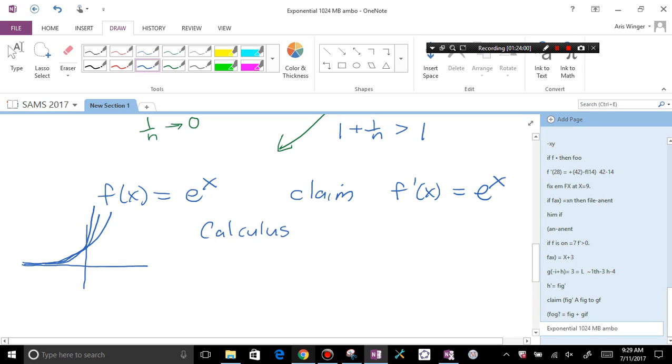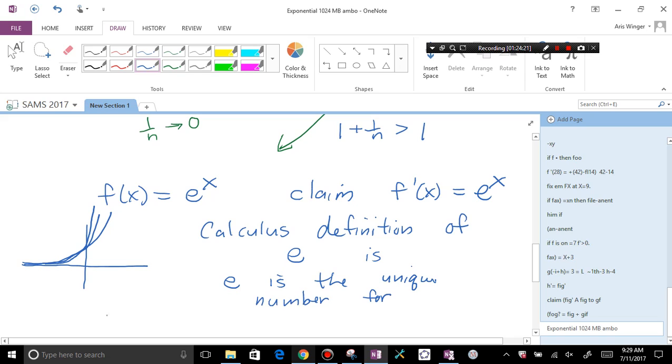Okay? And so that motivates a definition of e that again will seem like cheating. The calculus definition of e is that e is the unique number for which the limit as h tends to 0 of (e to the h minus 1) over h is equal to 1.